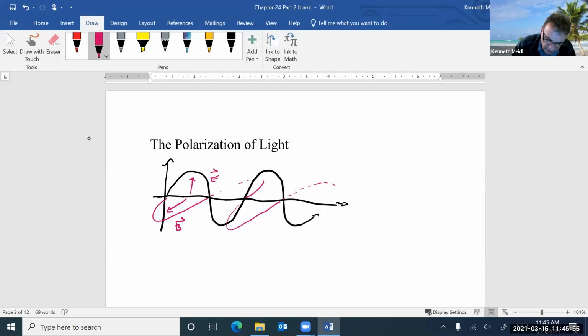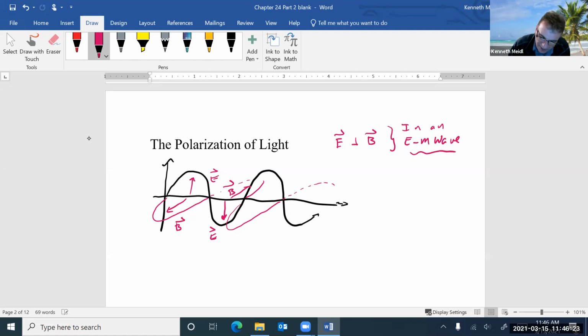And so what you've got is an electric field in the electromagnetic wave that is always at right angles to the magnetic field. So this is in an electromagnetic wave, at least the waves that we will look at.